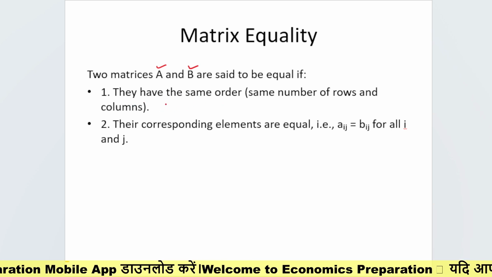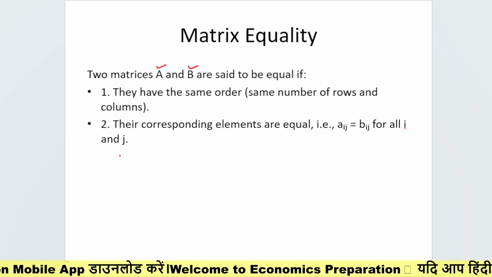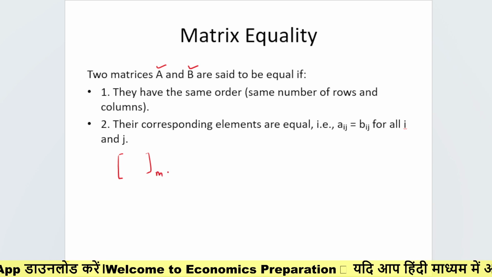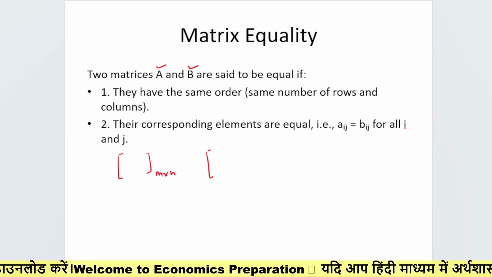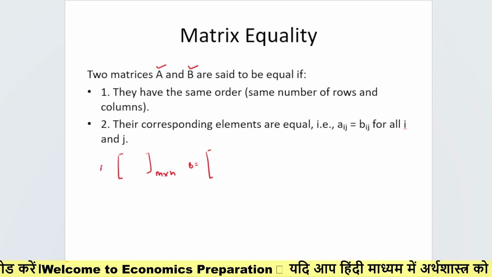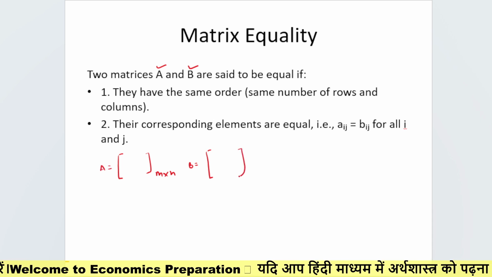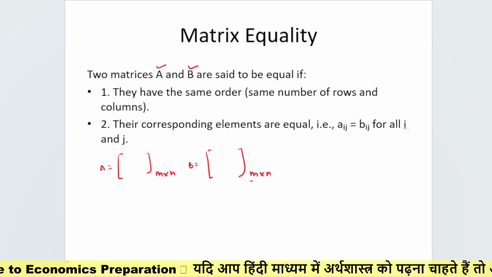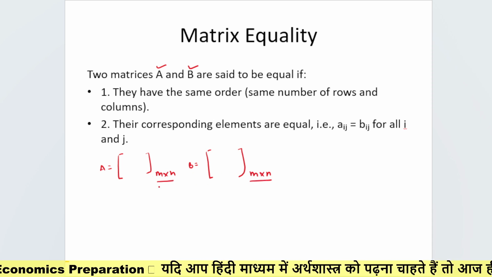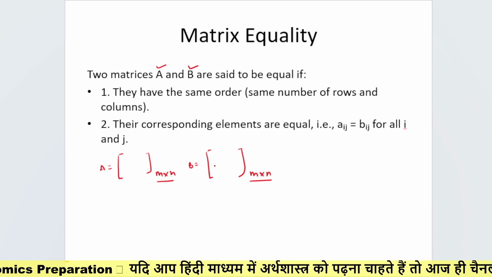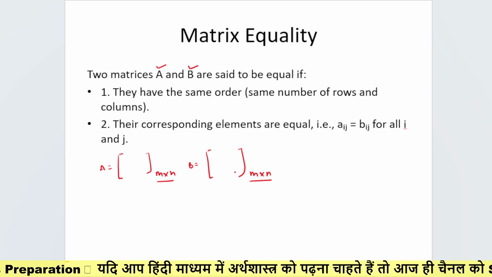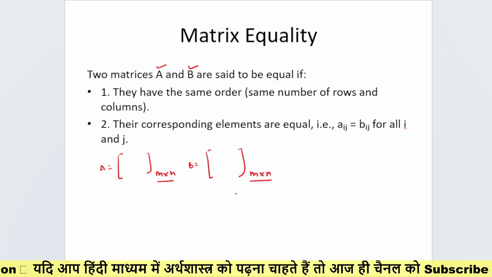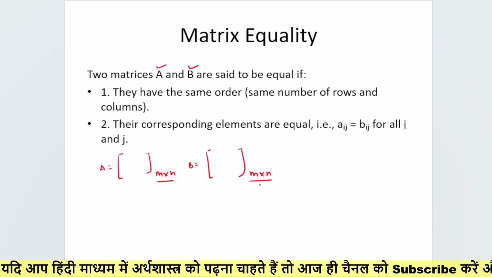Same order means, suppose I have a matrix A of M cross N order, and this is another matrix, suppose B, of order M cross N. If these two matrices are of same order, it means the number of rows of one matrix will be equal to the number of rows of the other matrix, and the number of columns of the first matrix will be equal to the number of columns of the second matrix.